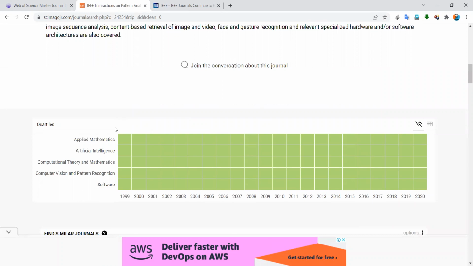Okay, now coming down here, you can see, perfect. It is very, very rare that a journal started so long ago and is maintaining all its quartile rankings as Q1. And you can see Q1, Q1, Q1, Q1, Q1. They have shown it from 1999 only. So still it is very good, meaning more than 20 years, and they are able to maintain all as Q1.